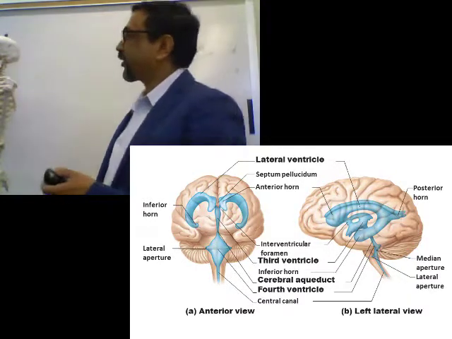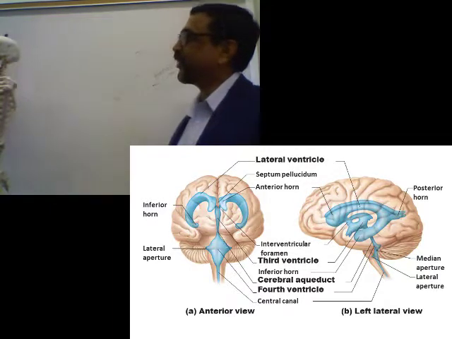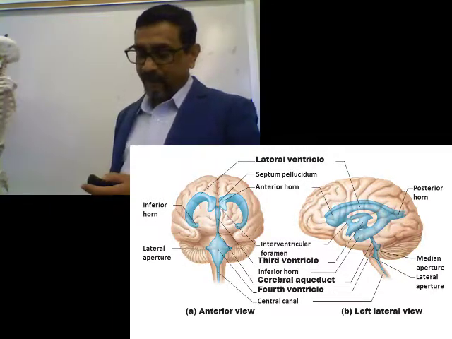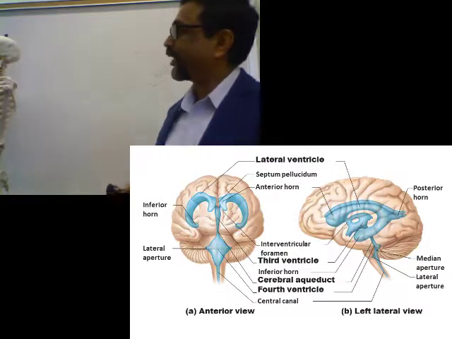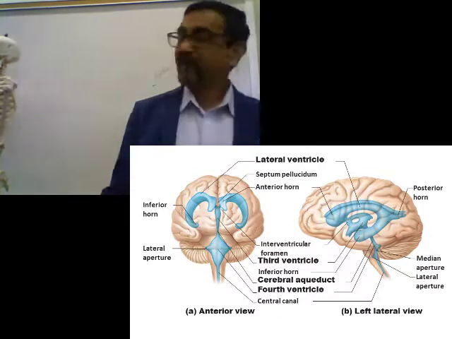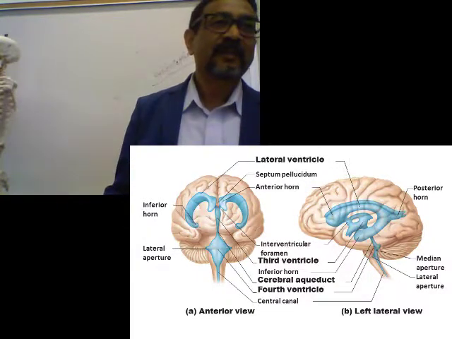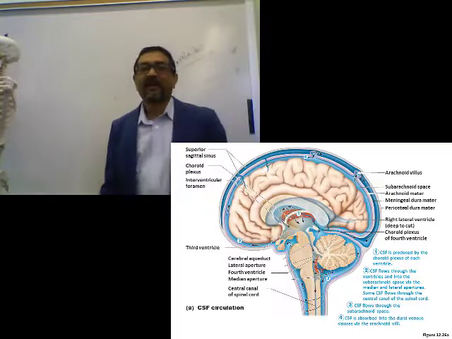Now, from where the cerebrospinal fluid comes in the ventricle. In the roof of the ventricle, you have a capillary plexus. You are talking about third and fourth, right? Now, you see inside the ventricle, you have capillary plexus. You see that red tiny structure.